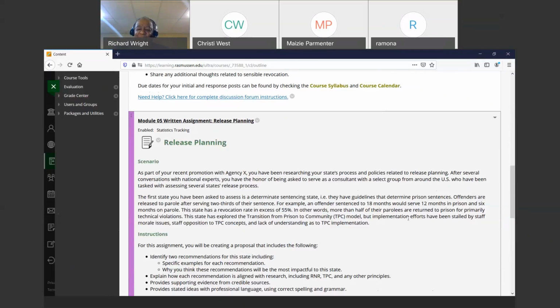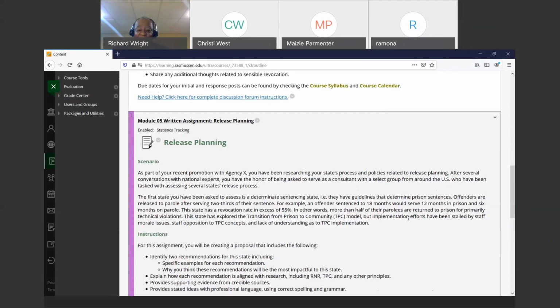So you're serving as a consultant with a select group around the U.S. who've been tasked with assessing what states do in the release processes. And the first state you've been asked to assess is a determinate sentencing state, which you know what that is because you had an assignment for that.